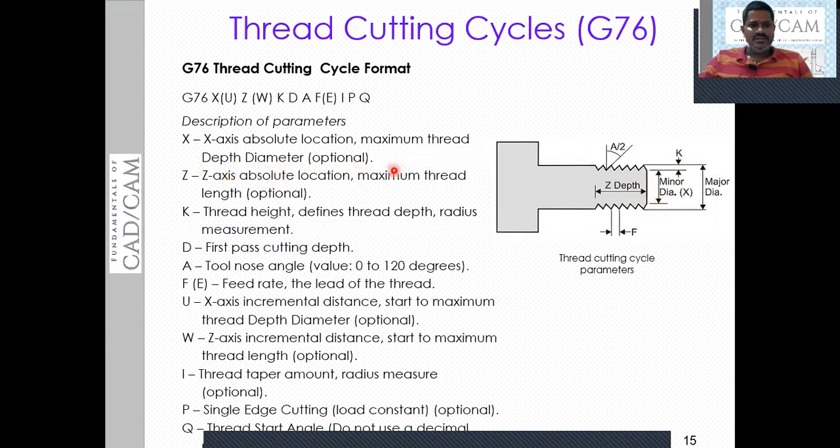This is optional. Okay, then Z you can see here. The axis absolute location, the maximum thread length. Whether you want to specify it, you can, otherwise it is optional.